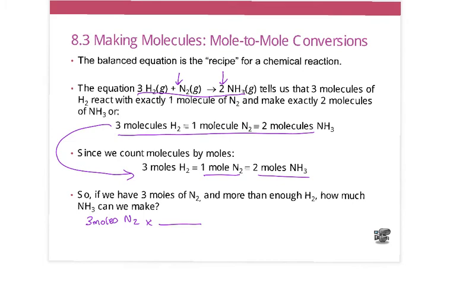So since moles of nitrogen gas is on the top, we're going to put moles of nitrogen gas on the bottom. For every 1 mole of N2, we have 2 moles of ammonia. Now you see the moles of N2 cancel out and we're left with moles of ammonia. And this gives us 6 moles of ammonia.